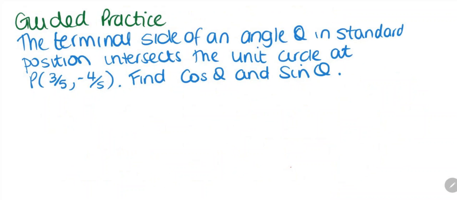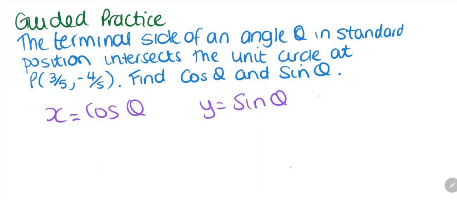So guided practice, number 1. The terminal side of an angle theta in standard position intersects the unit circle at point 3/5, minus 4/5. Find cos of theta and sine of theta. We know that x is equal to cos of theta, and y is sine of theta.